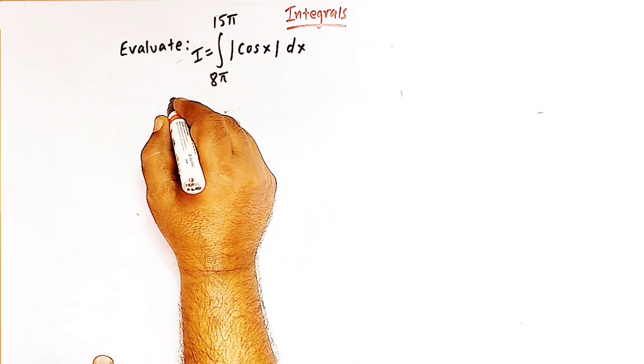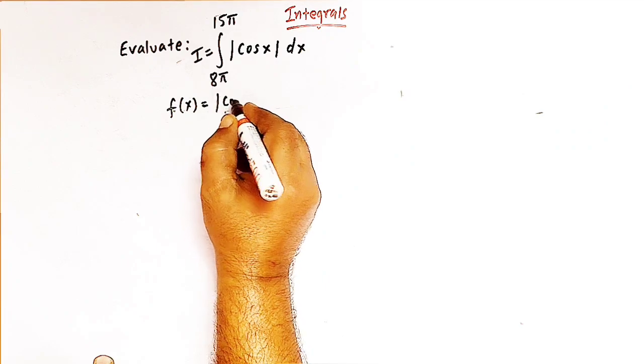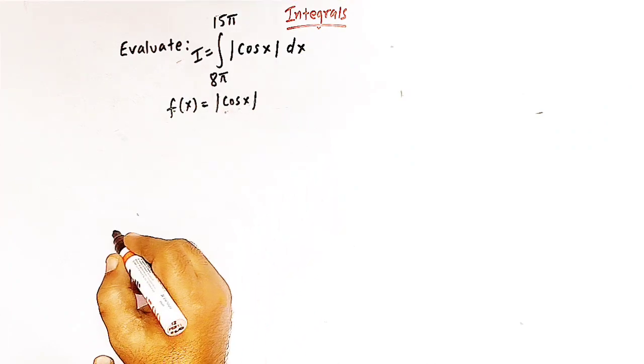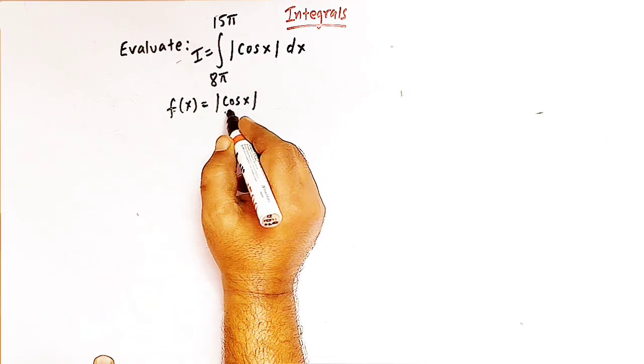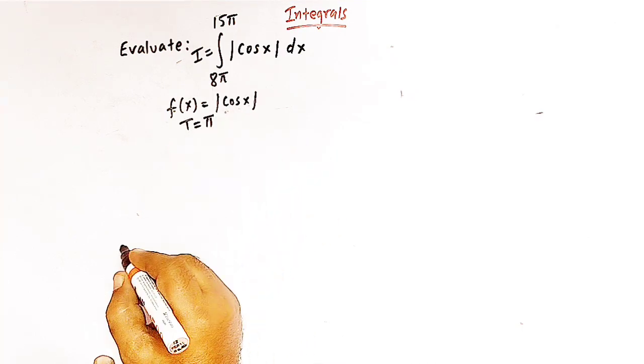So let us first denote the integrand by f of x. So f of x is mod of cos x, right? And we know that the period of mod of cos x is equal to pi, right?